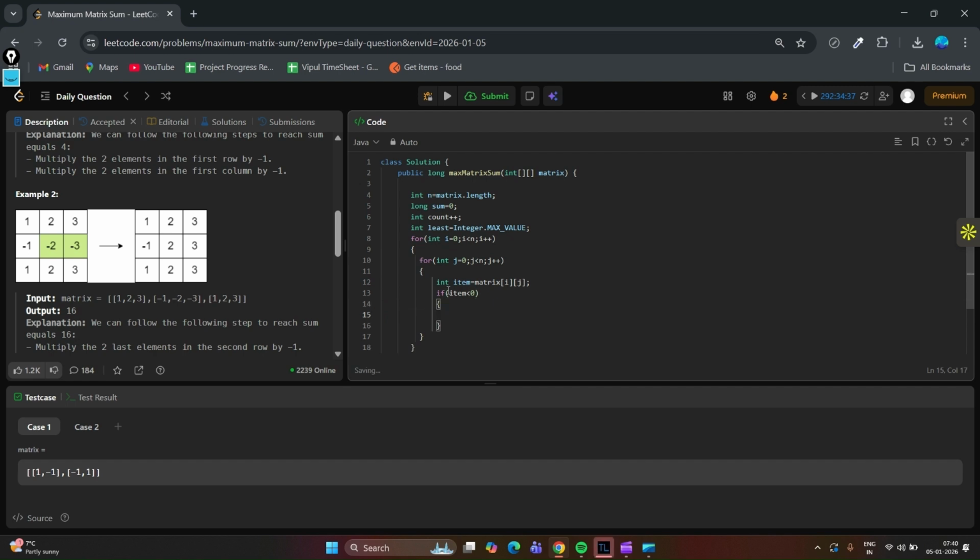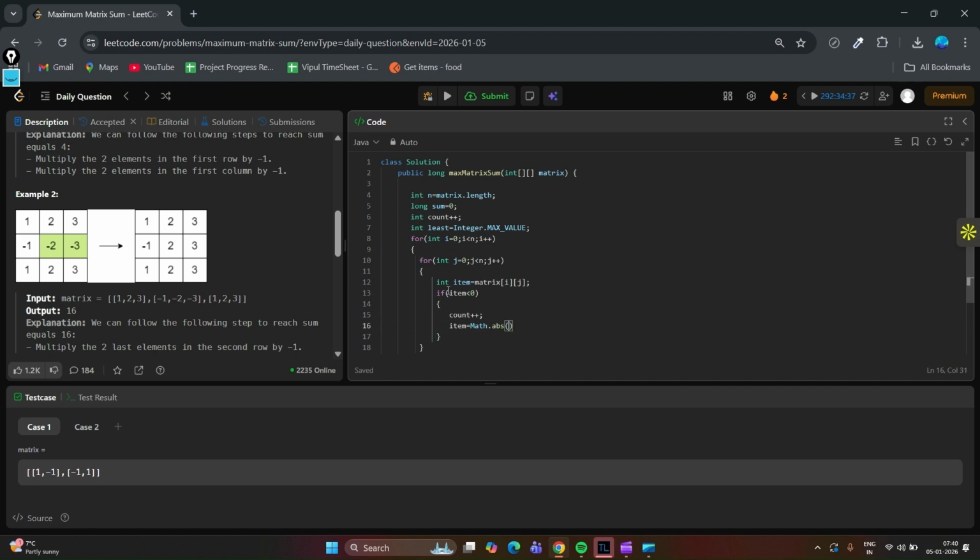Our work is to just increase the count, and we need the absolute sum. So we have to make the item positive. How do we do positive? We do item equal to math.abs, the absolute method.